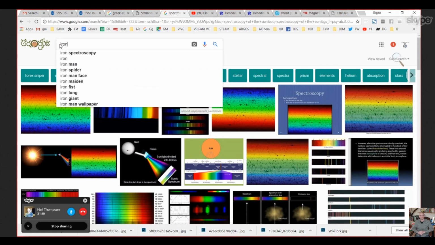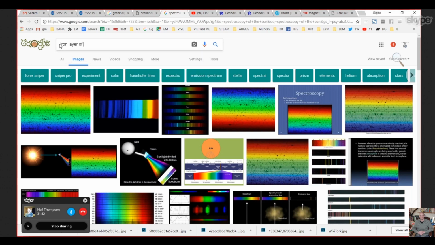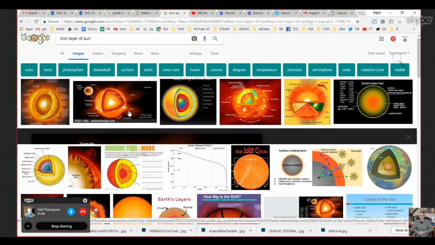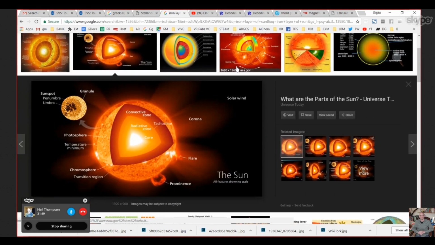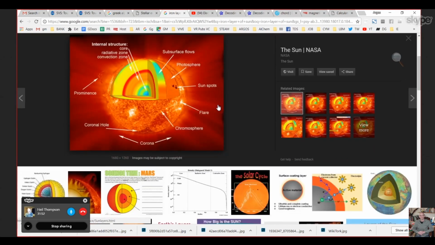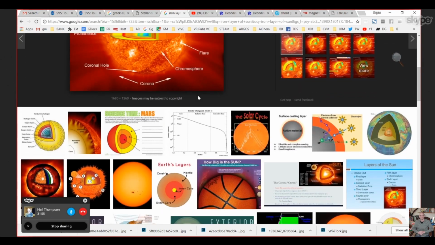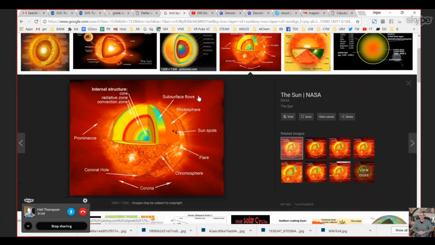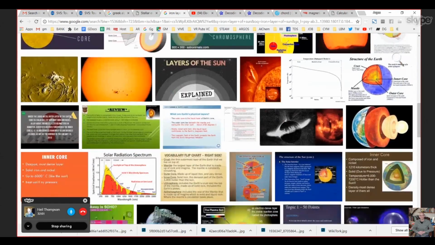I remember that was one of my favorites, because it was green or something, and you can see the surface, and you can see like mountain ranges and stuff. It's very compelling. Why is it iron? I have no idea.